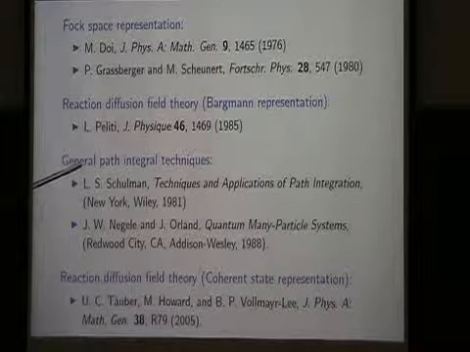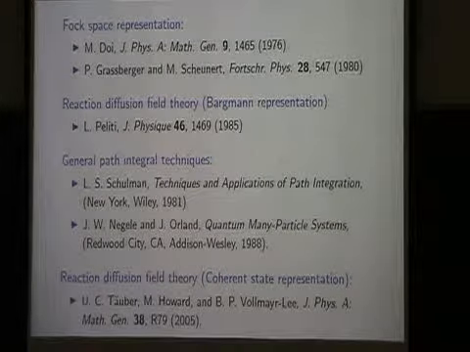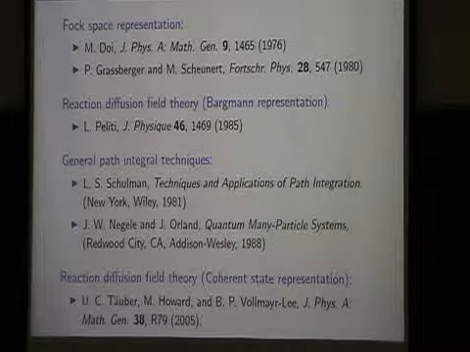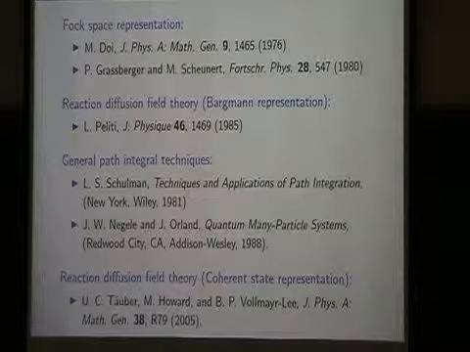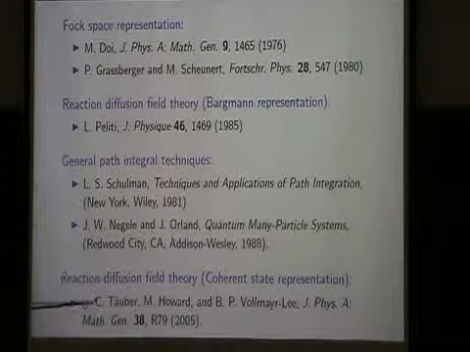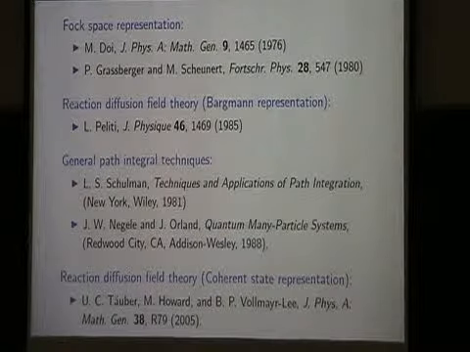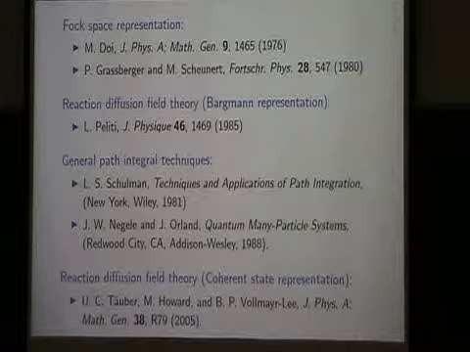And if you want to learn about general path integral techniques, these are two excellent sources. Schulman, I'm very partial to. That's where I learned all this stuff. It's an excellent book. He's got a skill for not giving you extra information, so you get right to what you need to know. And then this was something I put up as background reading for the whole set of lectures. It's a review article we wrote recently that has a lot of these details in it.